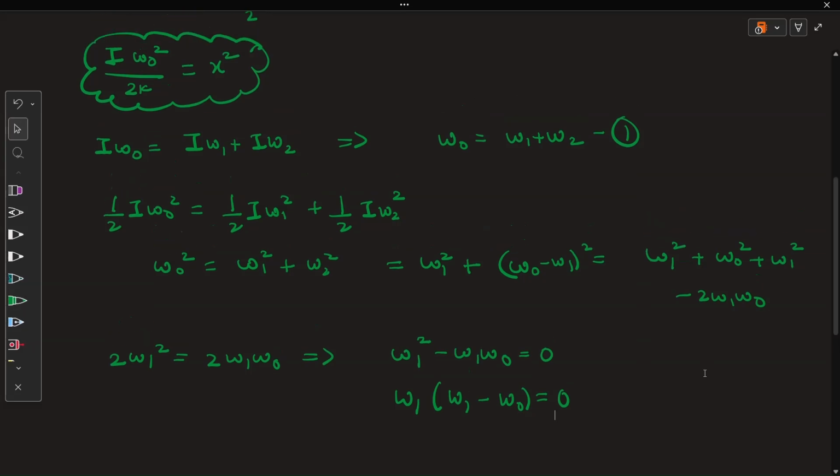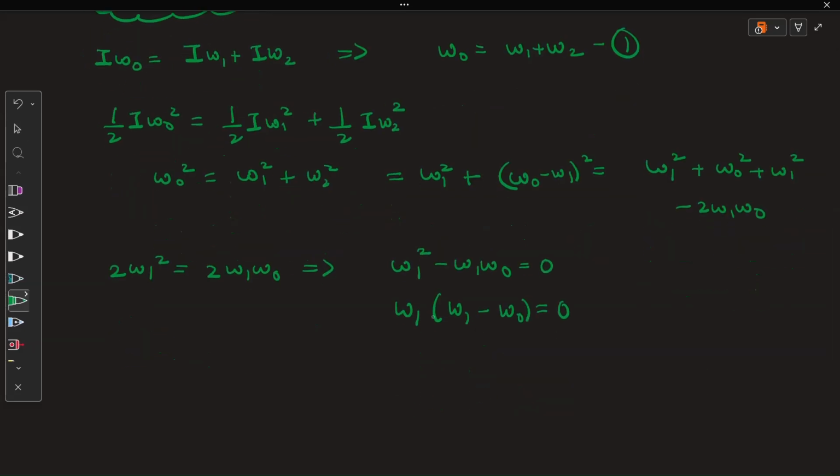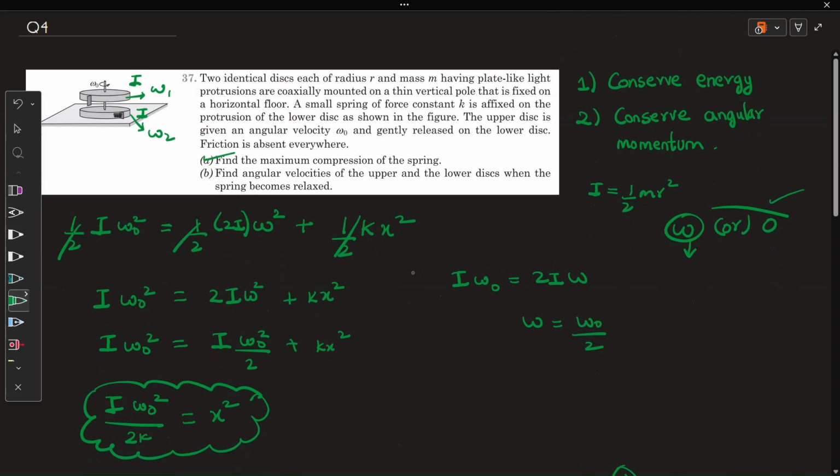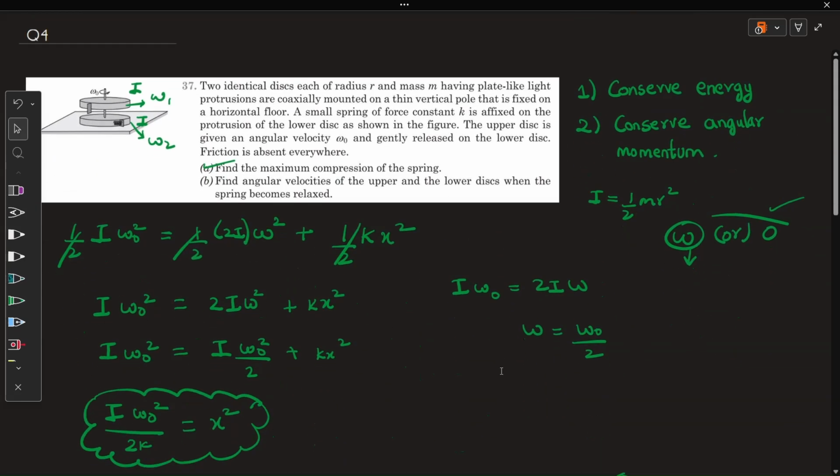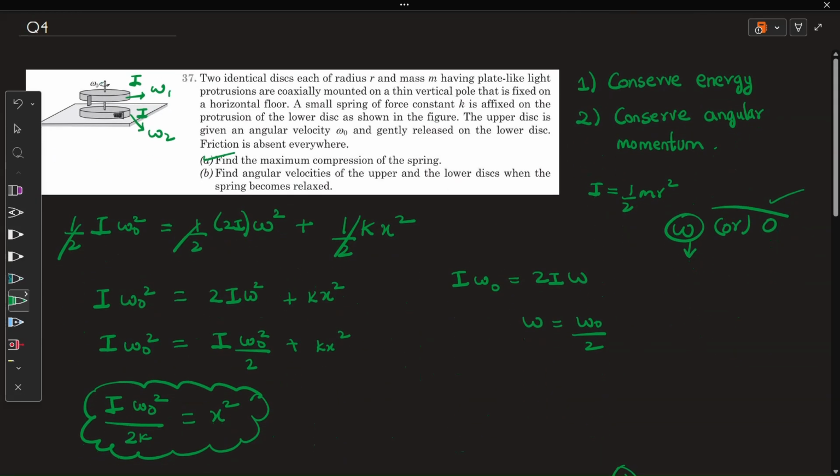So two cases can be considered: omega 1 is 0, or omega 1 is omega naught. If omega 1 is omega naught, it's simply the initial case itself, and omega 2 will be 0.